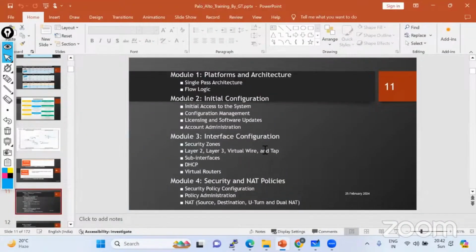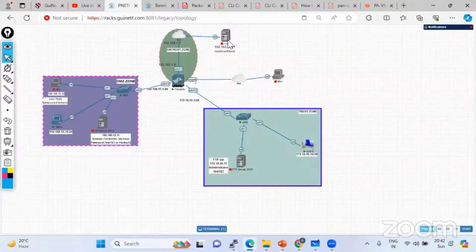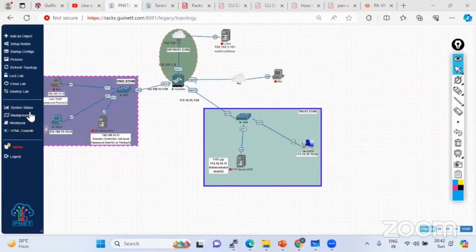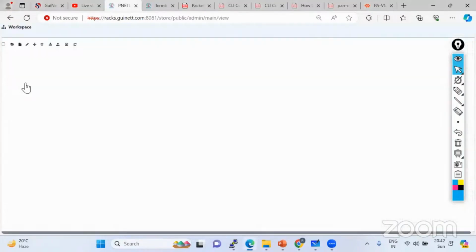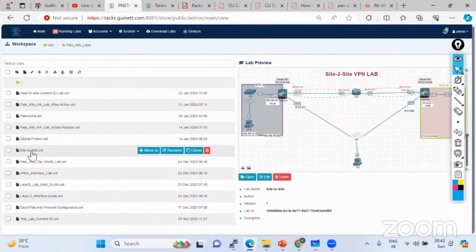At the same time, we will do very scratch level configuration, which means we have labs also. You can see here, this is the lab. In this lab we have a lot of predefined topologies. Even if you want, you can create your own topology, but our lab is designed in such a way that you can access it from anywhere, and a lot of topologies are already created, so you don't have to worry about the topology.